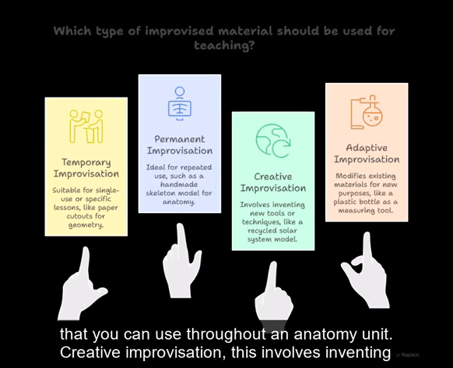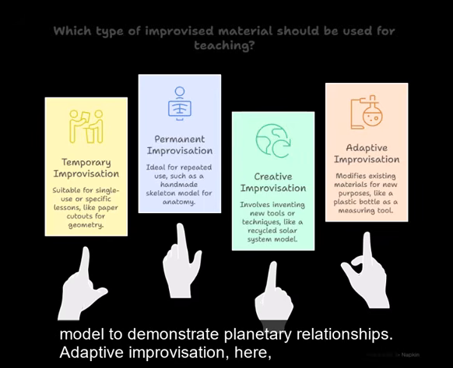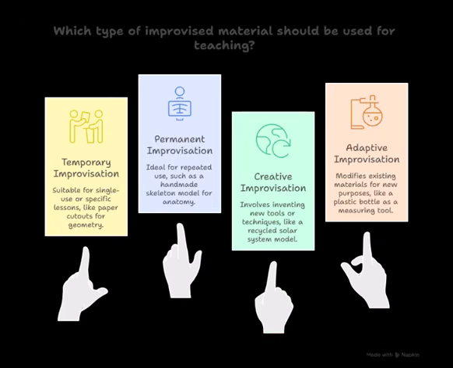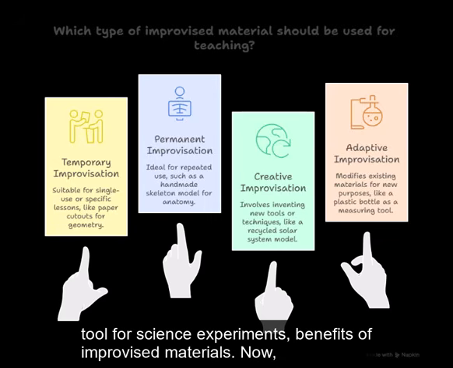Creative improvisation, this involves inventing entirely new tools or techniques. Imagine using recycled materials to build a solar system model to demonstrate planetary relationships. Adaptive improvisation, here, you modify existing materials for a new purpose. Like repurposing a plastic bottle as a measuring tool for science experiments.